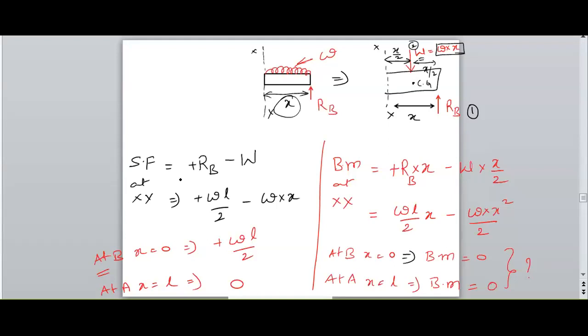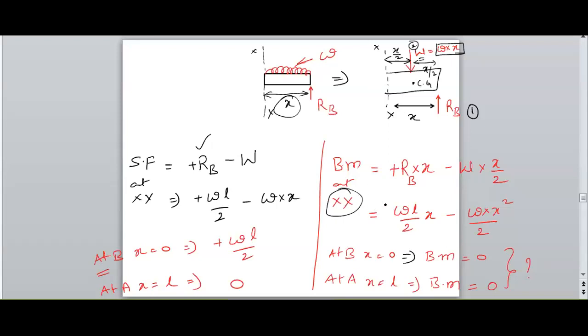Therefore, the shear force at XX is equal to RB minus W. RB is moving upwards, so it is positive, and W is moving downwards, so it is negative, where the RB value is small w L by 2 and capital W value is small w into x. This is the standard equation for the shear force. Next, I need to write the bending moment equation at XX.